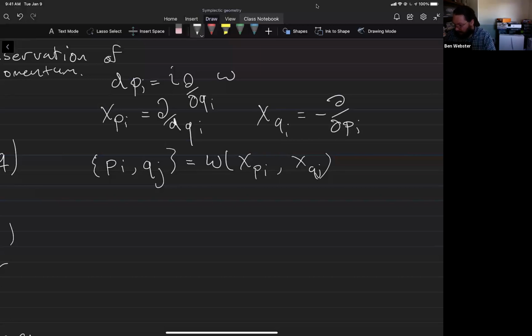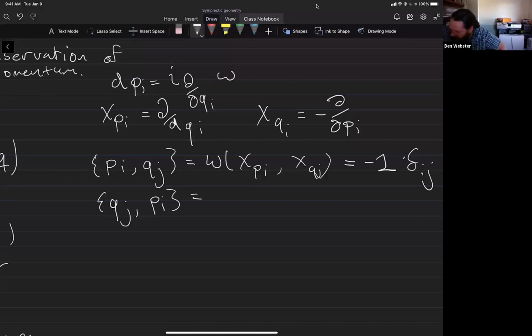And so this is -1. So if I'd written it in the other order, I would get this is -1 times delta ij. So I get 0 if i and j are different. Then I get -1 if they're the same.